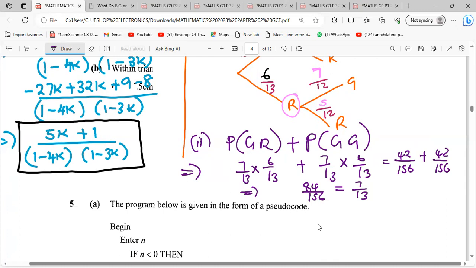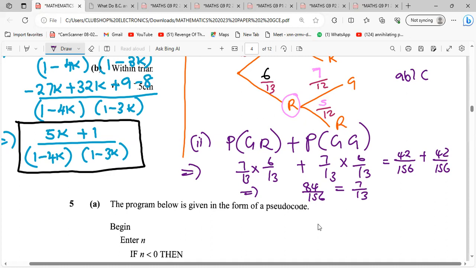There's a provision on the calculator where you can reduce directly, using the AB plus C symbol, and it will give you 7 over 13.